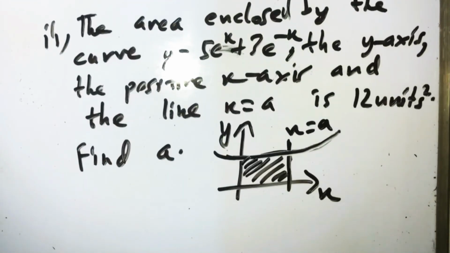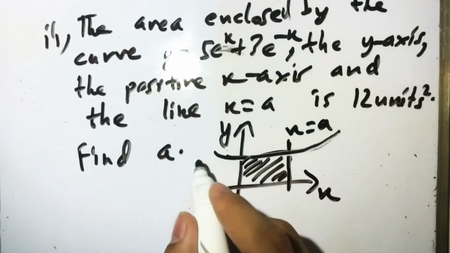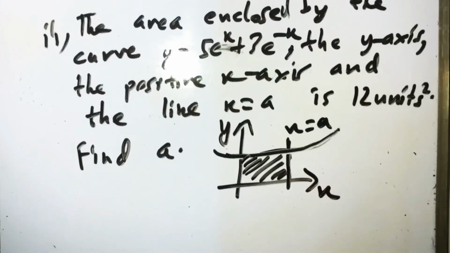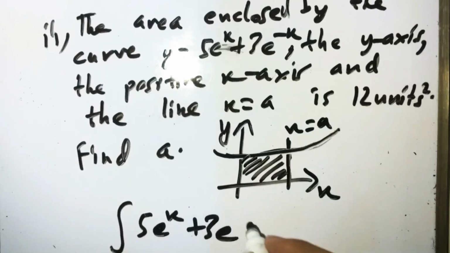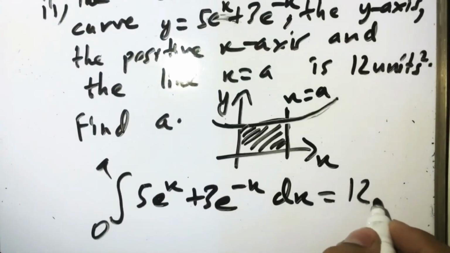So for this, from this diagram, on the rough sketch, we can see that integrating the curve with respect to x from a till 0 gave us that area. So integrating the curve with respect to x from a till 0 is equals to 12.